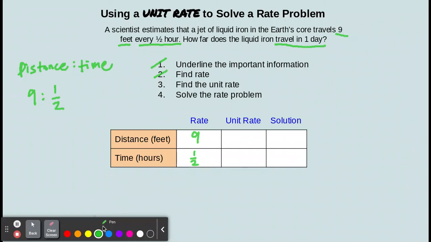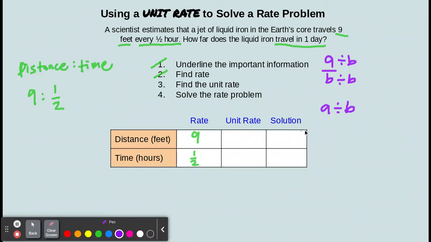Now we need to find our unit rate. How do we find our unit rate? Remember, a rate is A over B, which is actually the value of the ratio, right? But we can then divide the top and bottom both by B, or we can just do A divided by B. So let's do that.